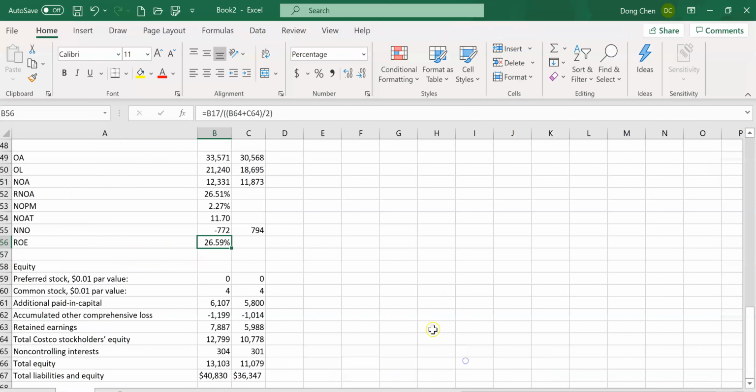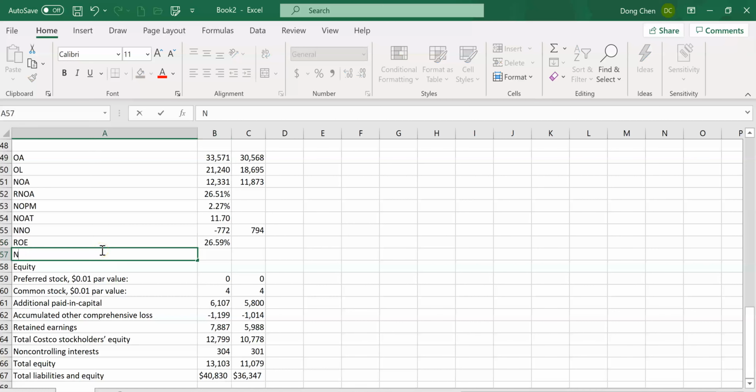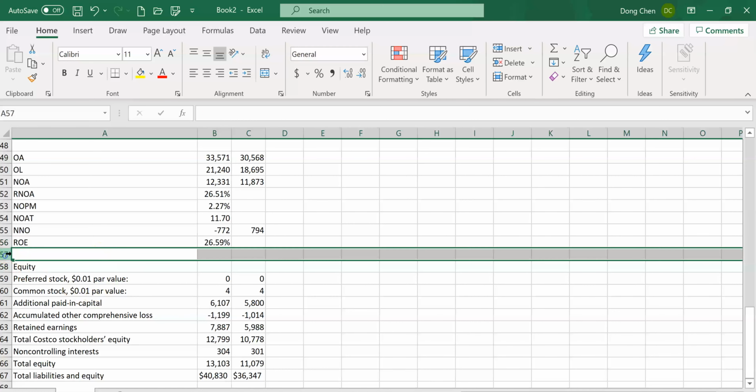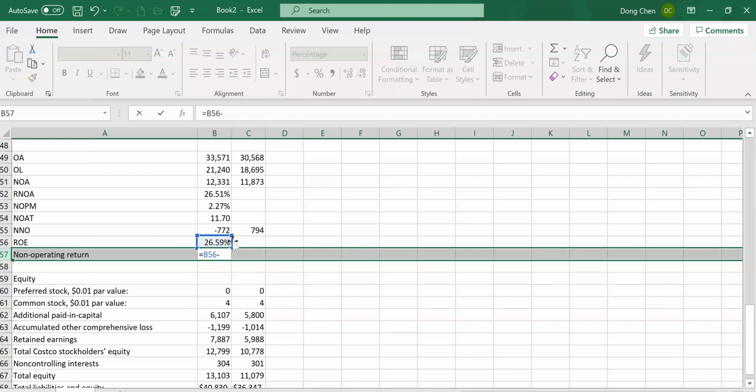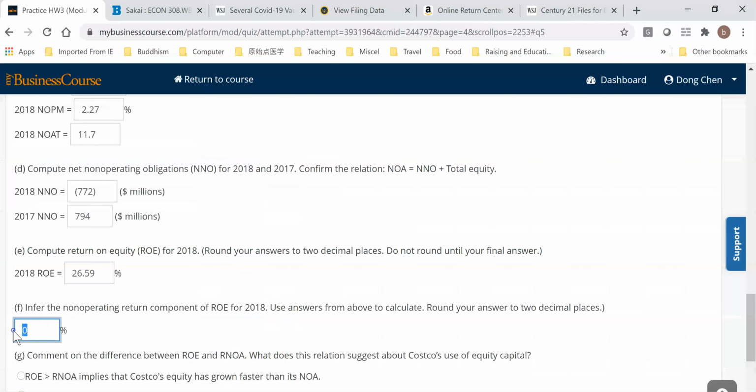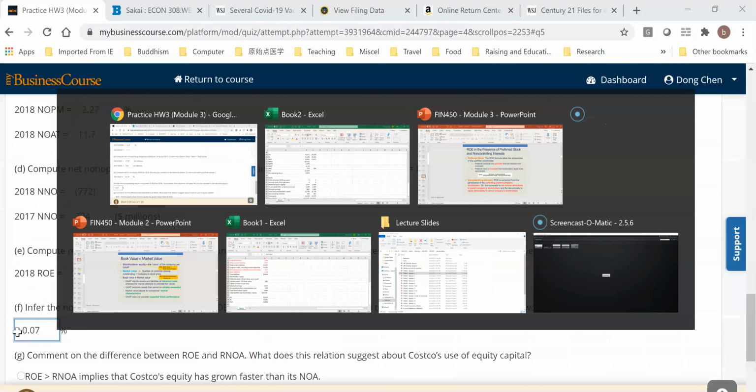So let me add one more line: non-operating return simply equals ROE minus RNOA. This gives me 0.07%.